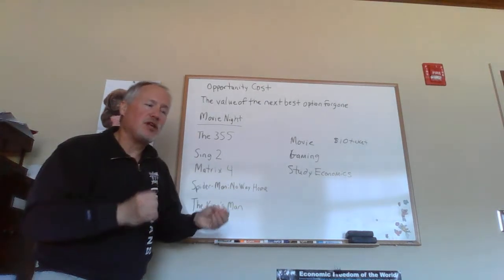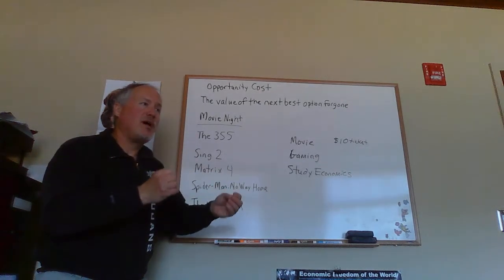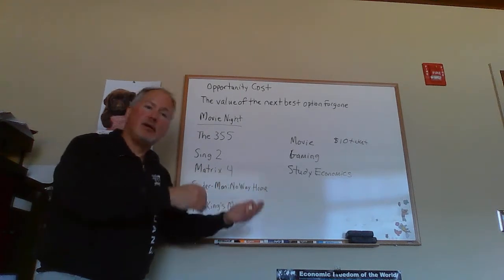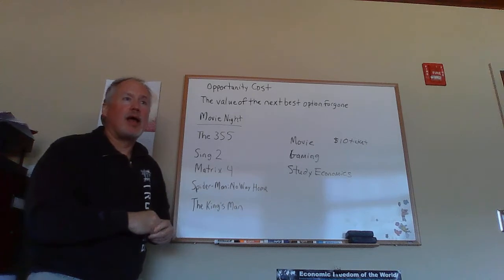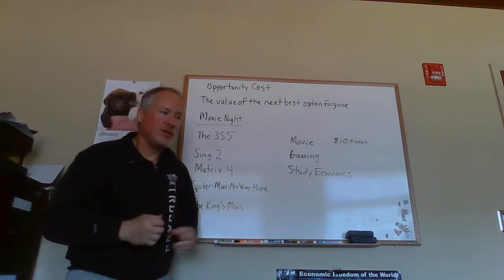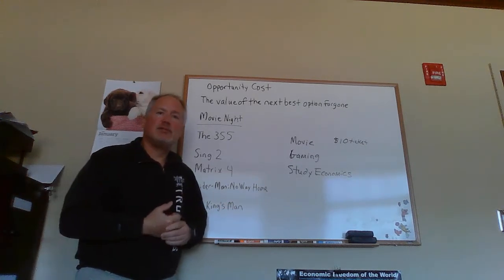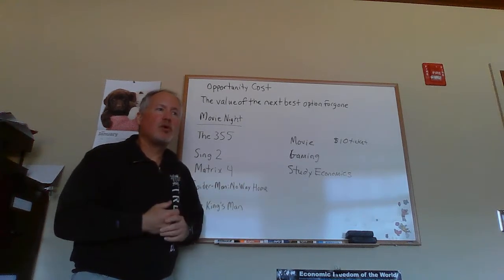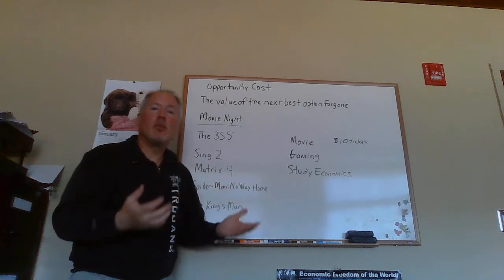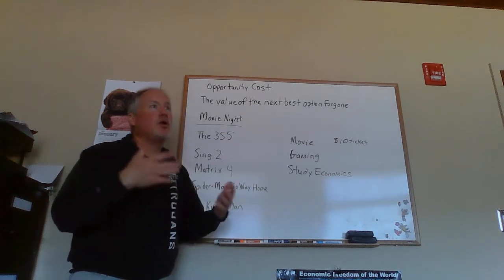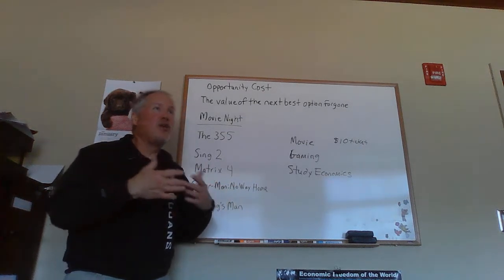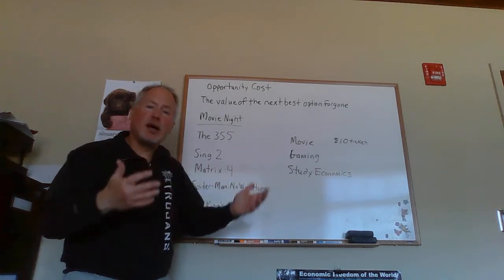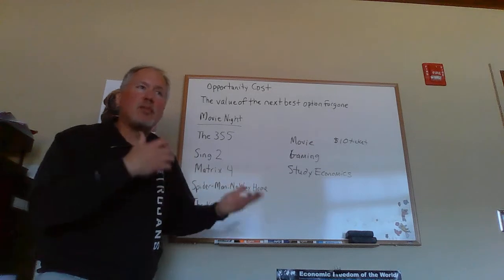The opportunity you gave up would be the opportunity to spend your full time working and making extra money. If you were going to work and you can make $10 an hour over the course of a full year, if you work full time, you can make $20,000. So if you don't work at all when you choose to go to college, you're giving up that opportunity to work full time and make maybe $20,000, maybe more, maybe less.